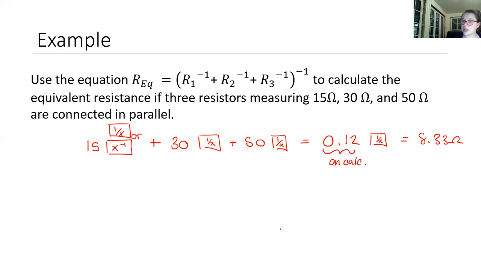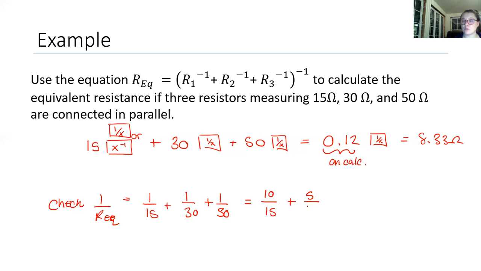Okay, let's check it the other way. Well, our other math said 1 over REQ was equal to 1 over 15 plus 1 over 30 plus 1 over 50. Well, the common denominator is 150, so we would have 10 over 150 plus 30 times 5 is 150, so 5 over 150 plus 3 times 50 gives me 150, so 3 over 150.